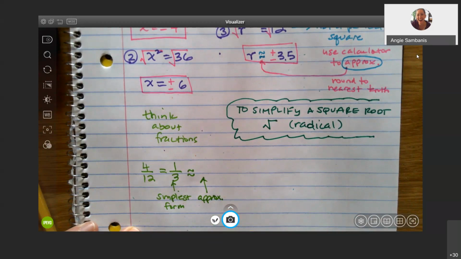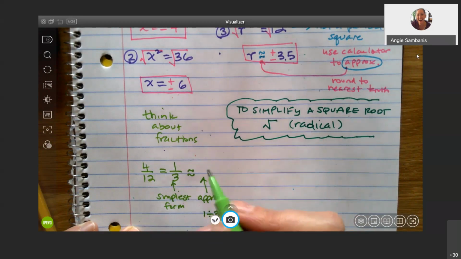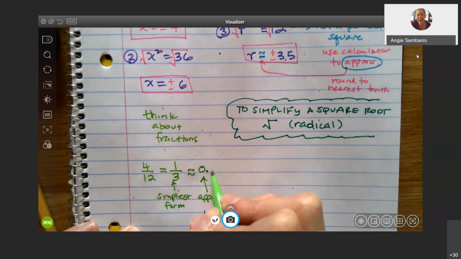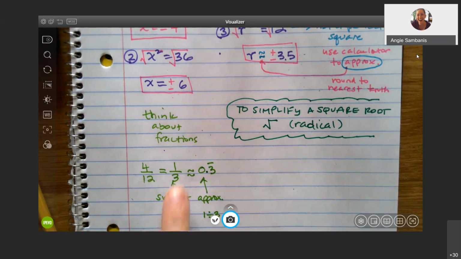Not 3 divided by 1. We get 0.3 repeating. So we have simplest form, we have an approximate.